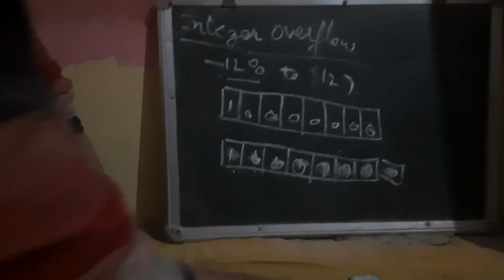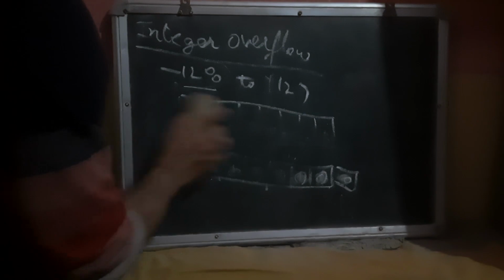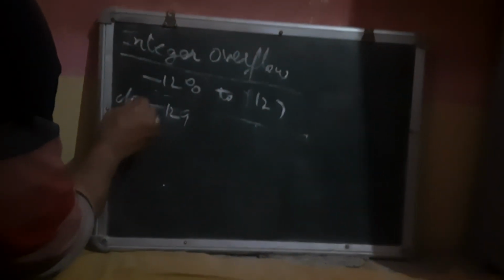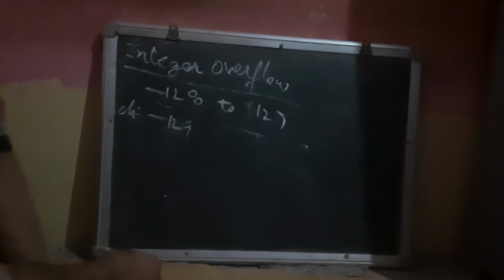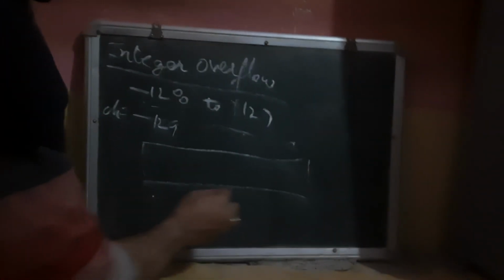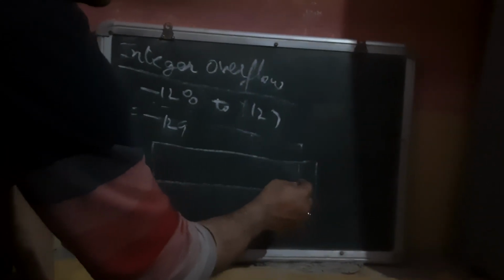Okay, and similarly, let us confirm this with the negative side. Suppose the value is minus 129 that you are storing in a character variable, which is a signed character. So what will minus 129 be in bit settings? Let us see.